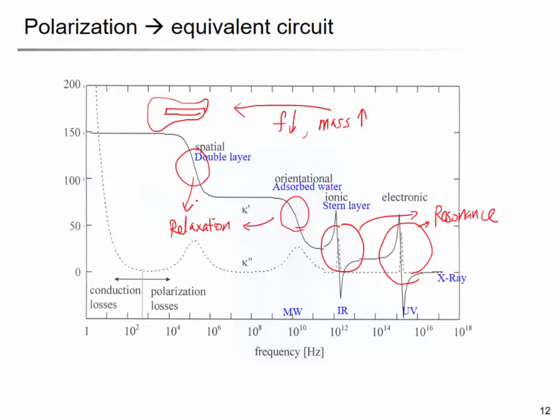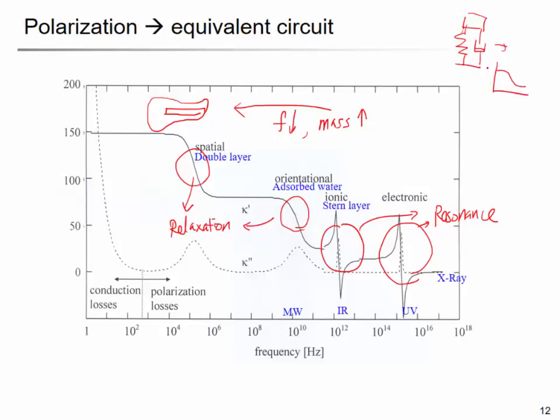And we can simulate this relaxation or resonance phenomena with the LCR circuit. So, for example, when you have a mass on a spring and damper, this shows the resonance or the relaxation phenomena, depending on the damper, right?